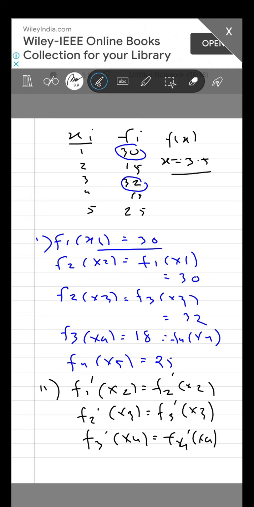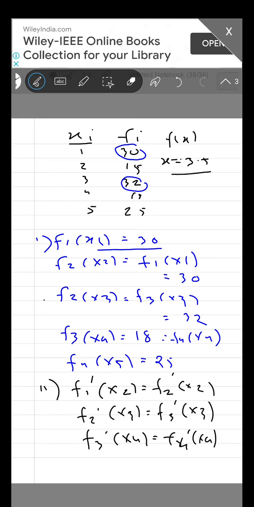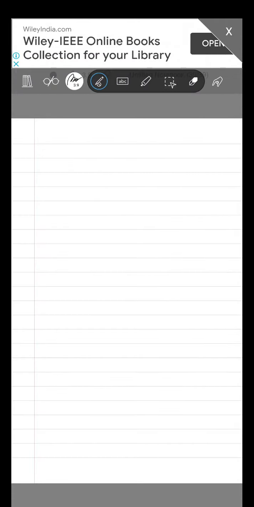So this is matching of the slopes. This is matching of the point, this is matching of the slopes, and the next step is matching of the curvature. So now f1 double differentiation x1 is equal to f4 double differentiation x5, and this is equal to 0, the first case.